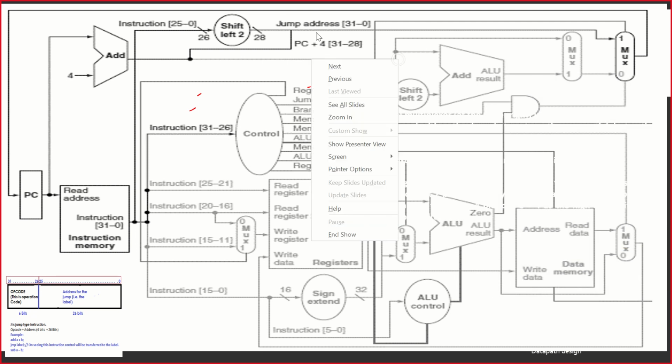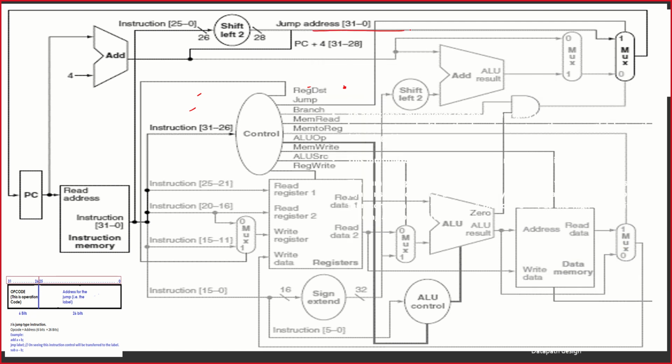If the output comes from here, you can see the jump, I take it all the way through and I make another multiplexer here which has 1 here, and the output will be the jump location. That's all. Here this output will be ignored and it goes via 0. So 1 will be taken through, and I added a new control signal called jump out here to control the entire process. That's all.